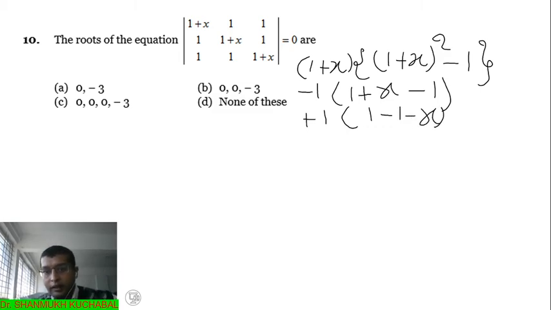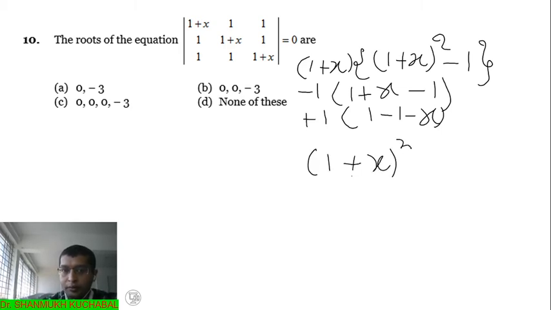Okay, here we observe that 1 plus x into 1 plus x square, it is a 1 plus x cube, some numbers will be there equal to 0. It is a cube, means there will be how many solutions? There will be 3 solutions, 1, 2nd, 3rd here.